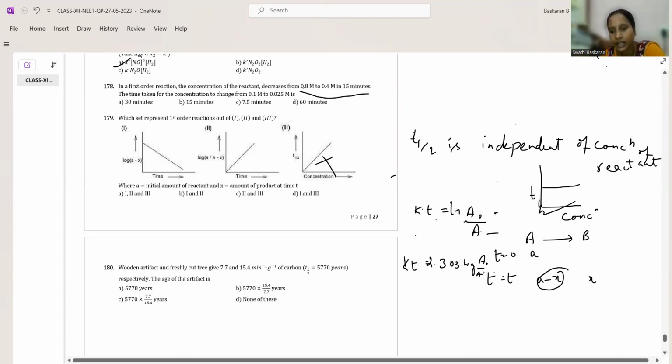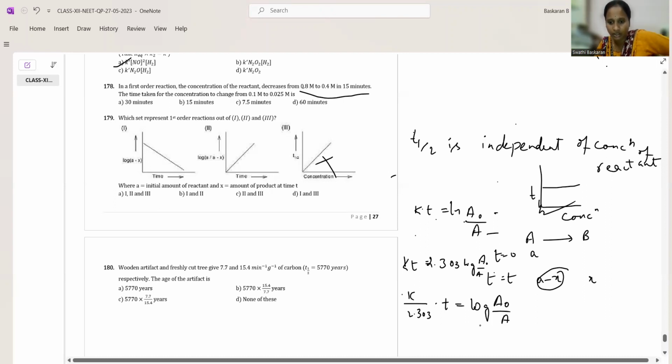So they are plotting the graph between t and log a naught by a. This 2.303, I will bring to this side. So it will become k by 2.303 into t is equal to log a naught by a.